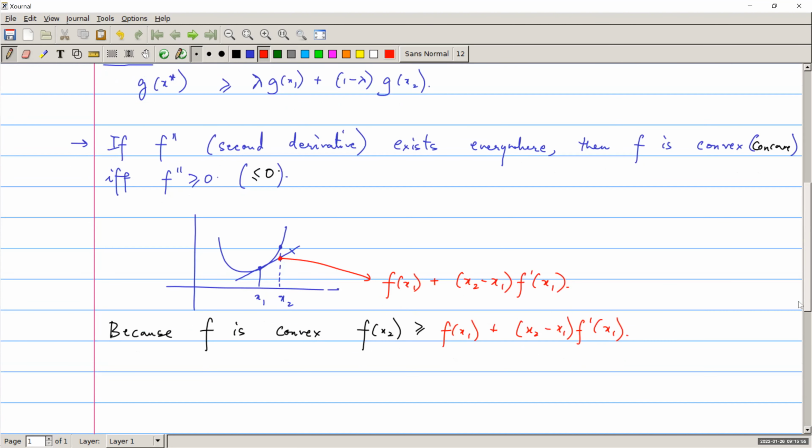Okay, but by Taylor's series, f of x2, expand out the Taylor series for me. What's the next term?